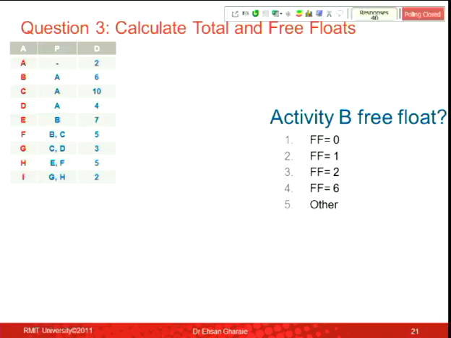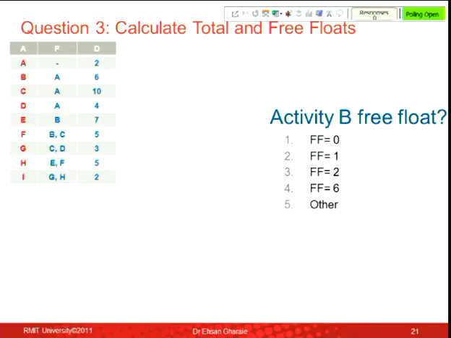Now you've got your third question. And the question is, what is activity B's free float? Guys, you've got all the durations on the board. I've drawn the network for you, so you don't need to draw it again. You just need to take note of the durations.